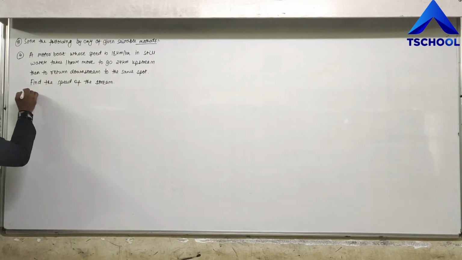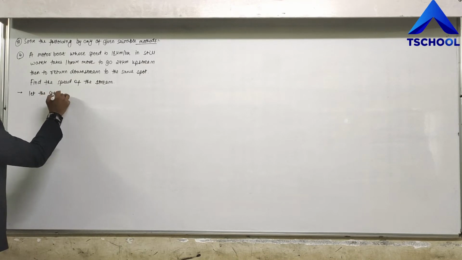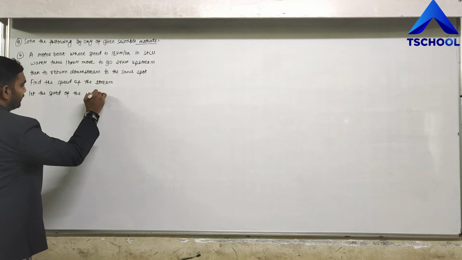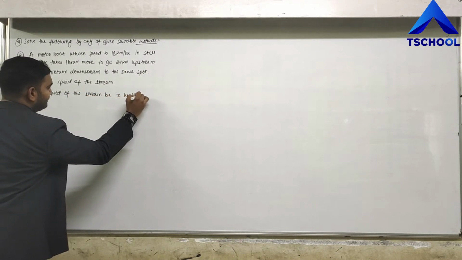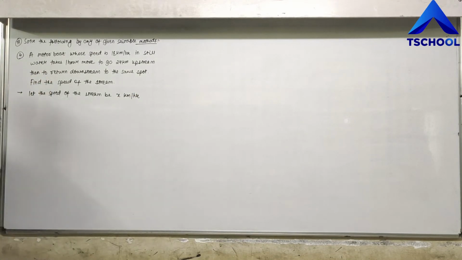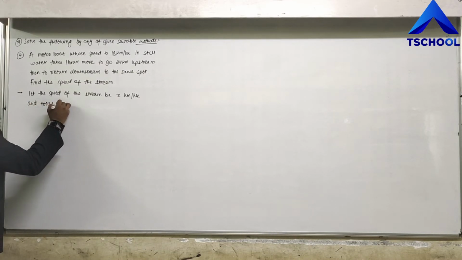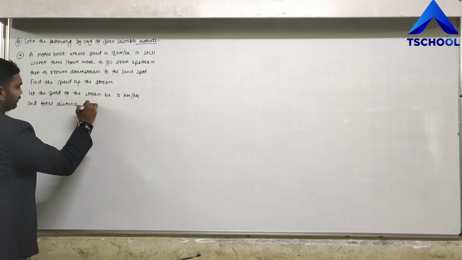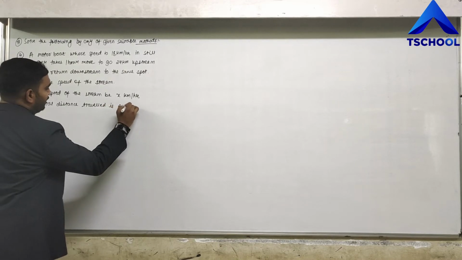So assuming let the speed of the stream be x km per hour and total distance traveled is 24 kilometer.